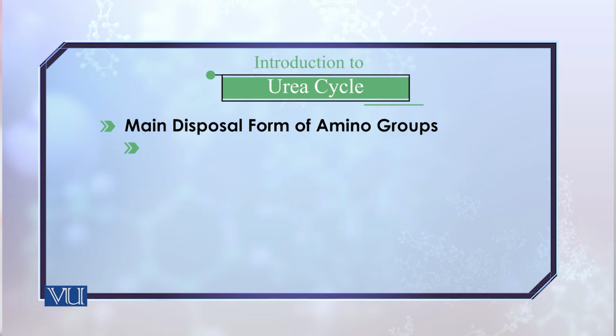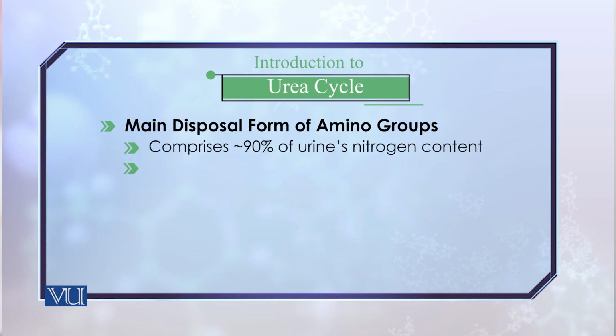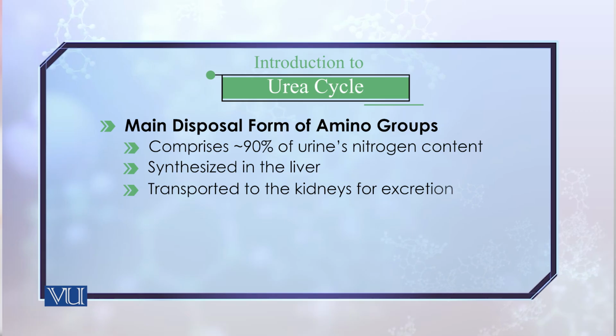90% of the urine's nitrogenous components are made up of urea. Urea is synthesized, as I have already mentioned, in the liver, and from the liver it is taken to the kidneys, from where it is excreted.